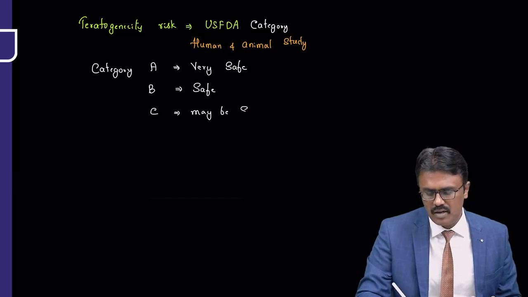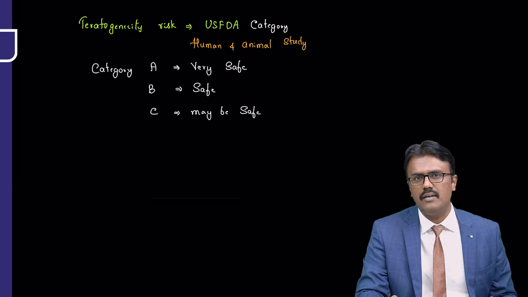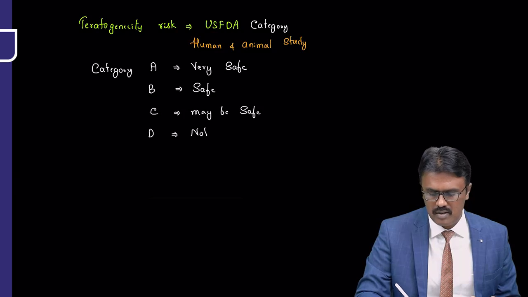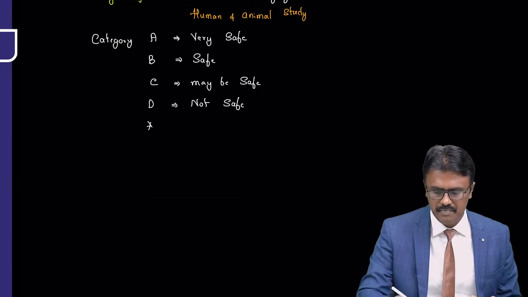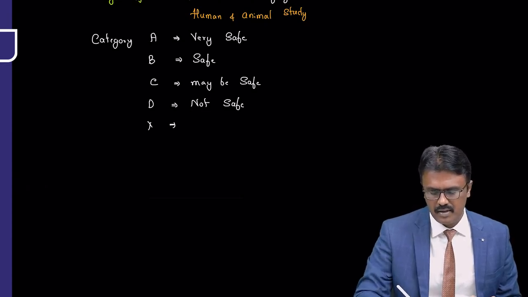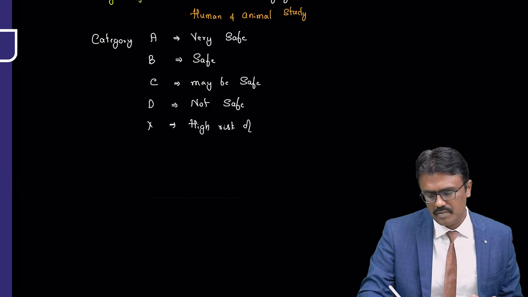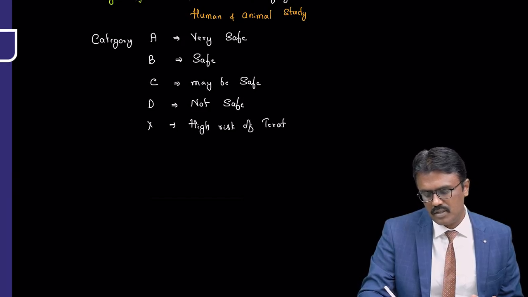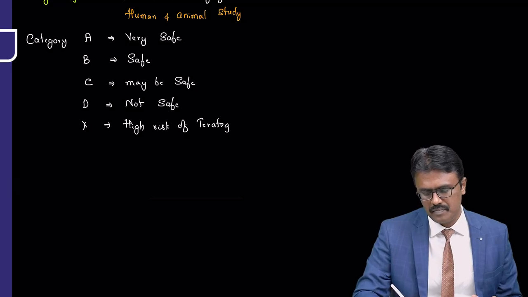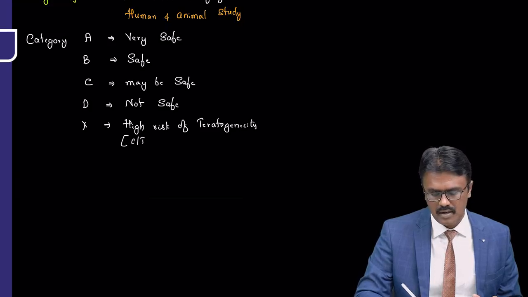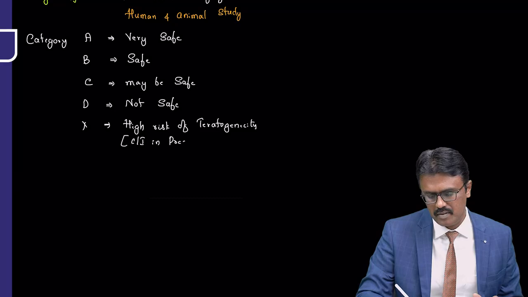We don't have adequate data to tell its safety in pregnant women. D not safe. And X, they have the high risk of teratogenicity, and these are contraindicated in pregnancy, absolutely contraindicated.